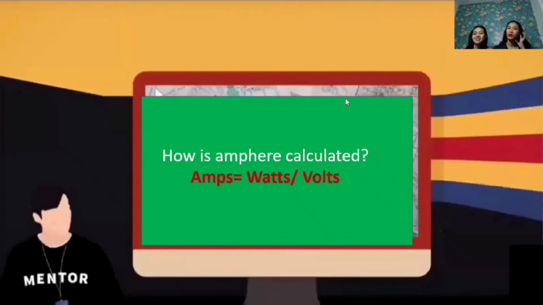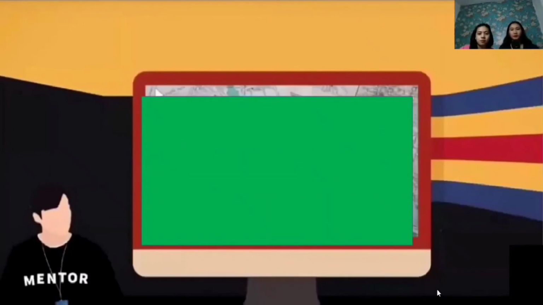Yes. So how is ampere calculated? Amperes are calculated by amps equals watts, or wattage, over volts.